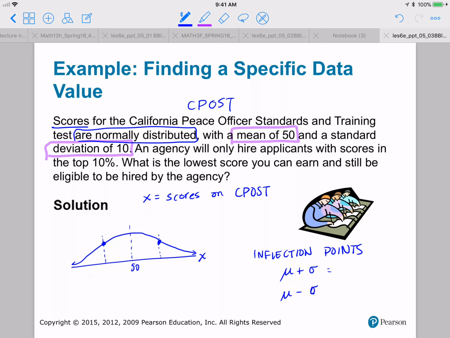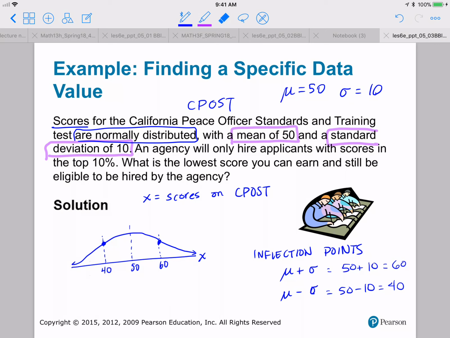So mu plus sigma is 50 plus 10, mu minus sigma is 50 minus 10, because mu equals 50 and sigma is equal to 10. All right, so my inflection points are 40 and 60.